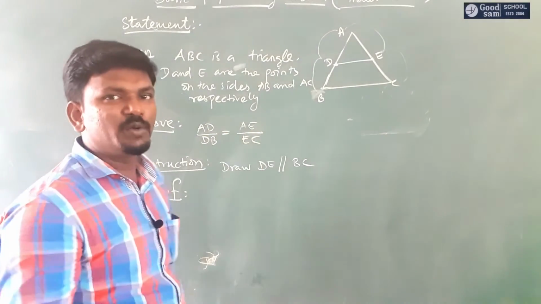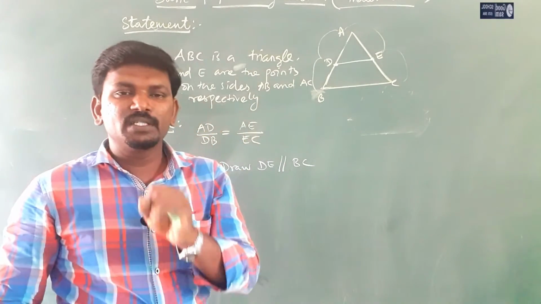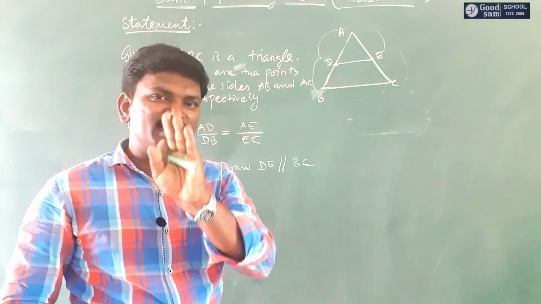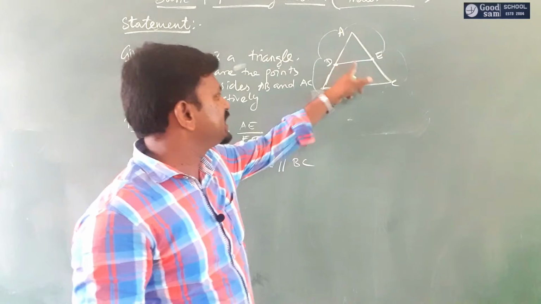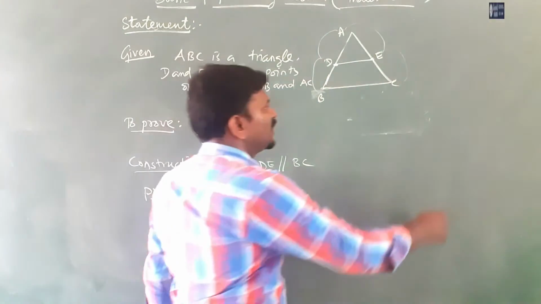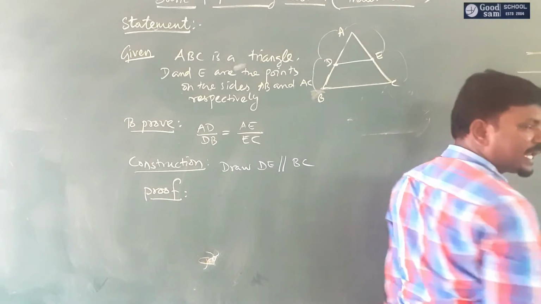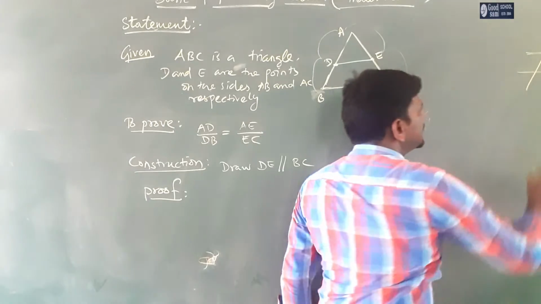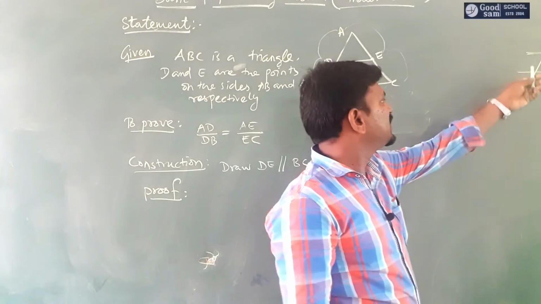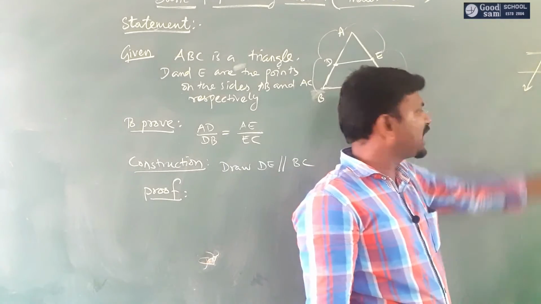In the proof, you have to know very important things. Two things: one is about similar triangles, another is about corresponding angles. If these two lines are parallel, and this is a straight line intersecting the parallel lines, so this line is a transversal of the parallel lines.